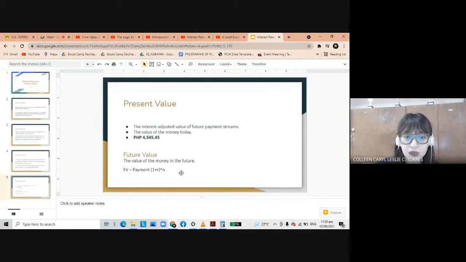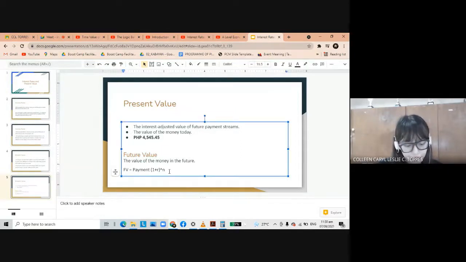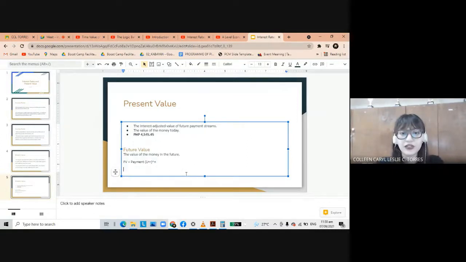We found out that the future value of 5,000 pesos is 1.1 times 5,000, which is 5,500. So the future value is 5,500.